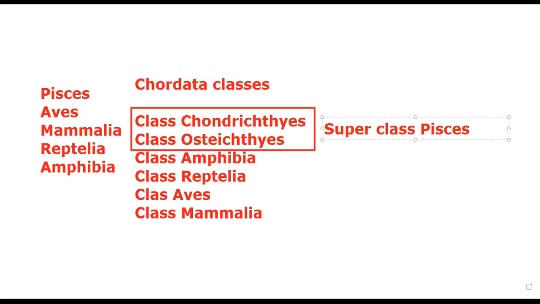Pisces. So Pisces is actually not a class. Pisces is a superclass. By fusing two classes, they have formed a superclass.